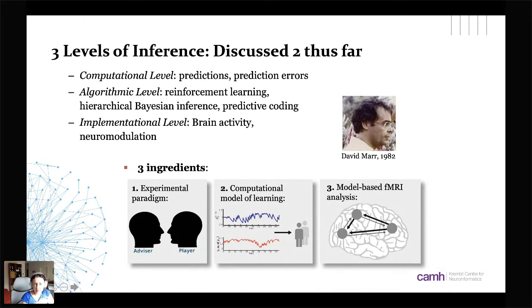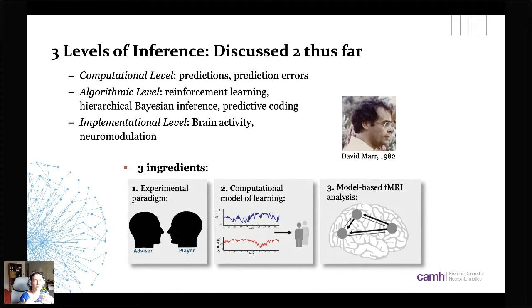And then the algorithmic level has to do with the how. How do these computations arise? How are they evaluated? And we can prescribe different algorithms such as reinforcement learning, hierarchical Bayesian learning, predictive coding.